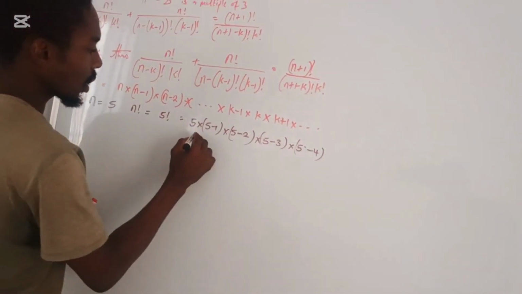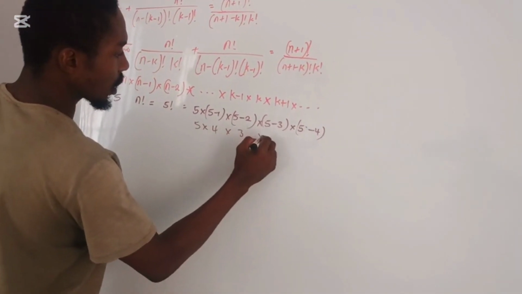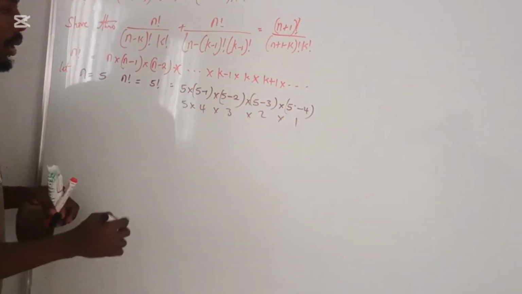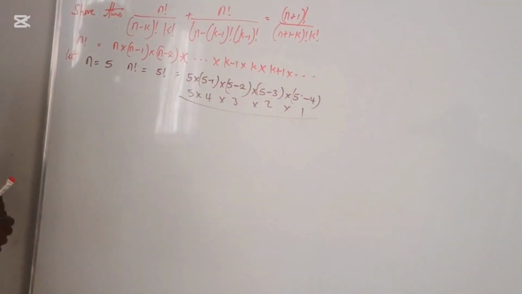So now this is going to be 5 times 4 times 3 times 2 times 1. So this is what? 5 factorial.